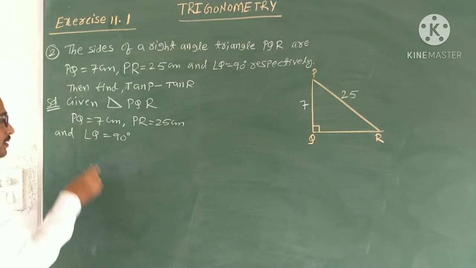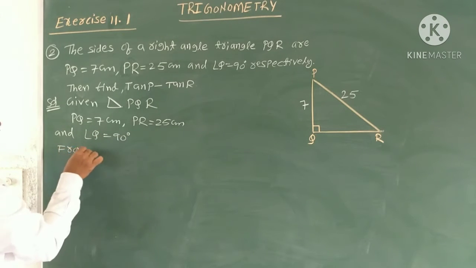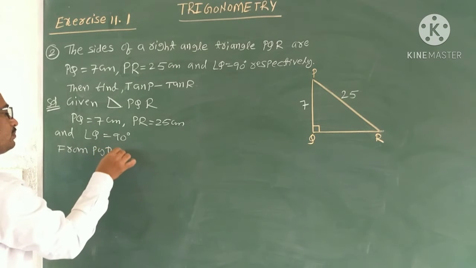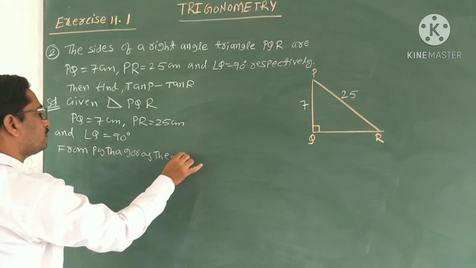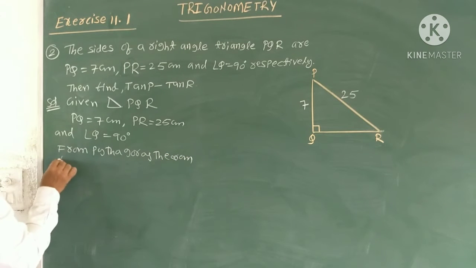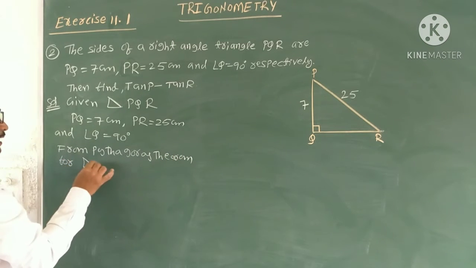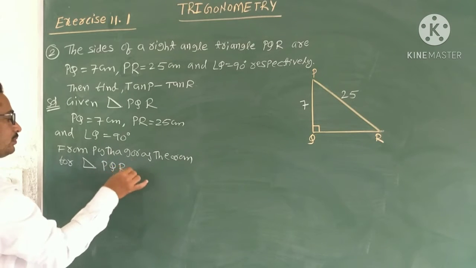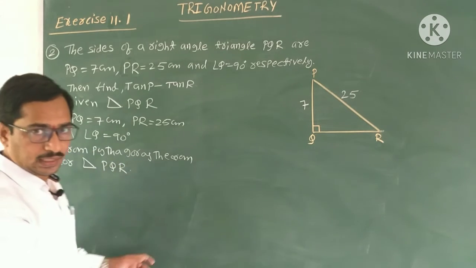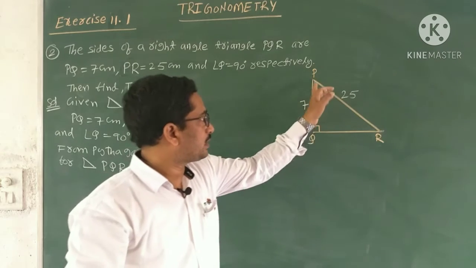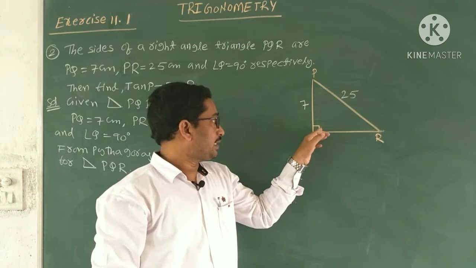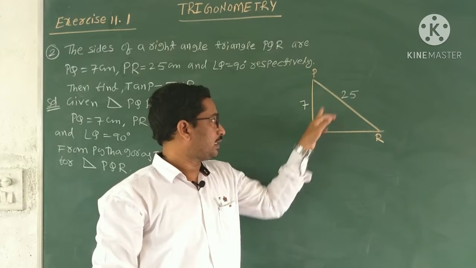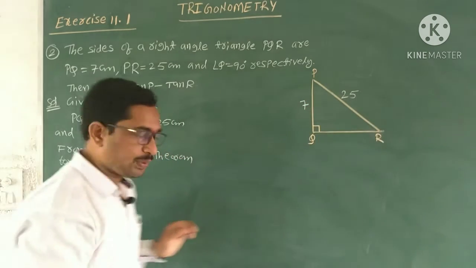So from Pythagoras theorem, for right angle triangle PQR, now apply Pythagoras theorem. So what is the Pythagoras theorem? The longest side square equal to the sum of the squares of remaining two sides. Here the longest side is always opposite to the right angle. So the longest side is PR.